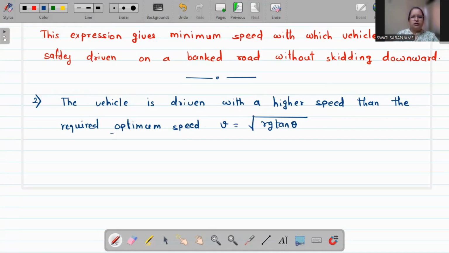So this is the optimum speed which is required so as to avoid being thrown off.